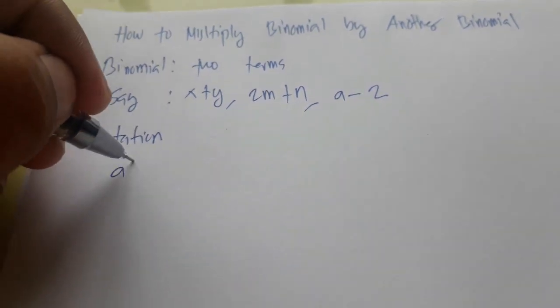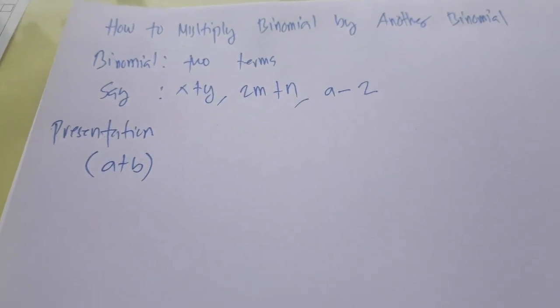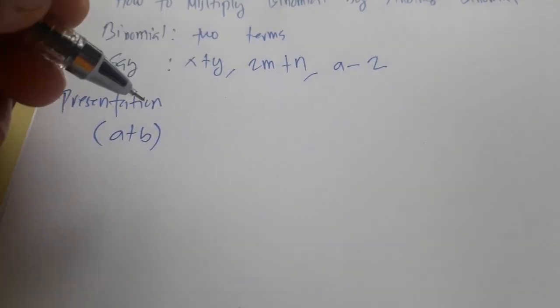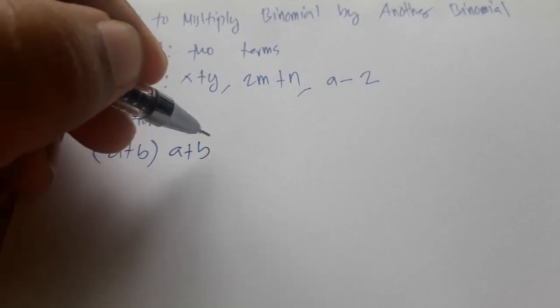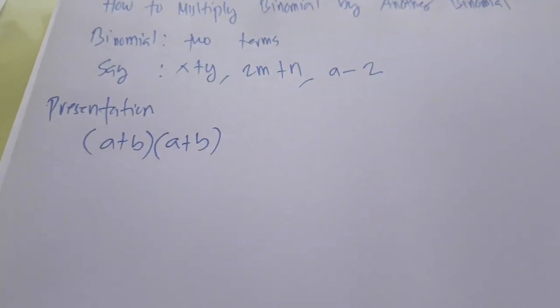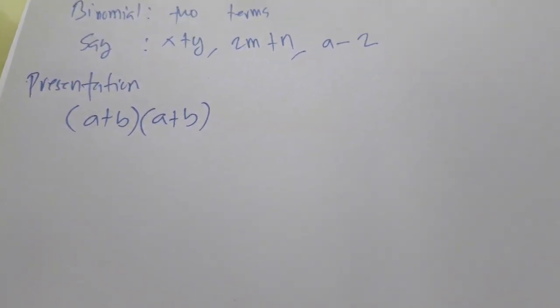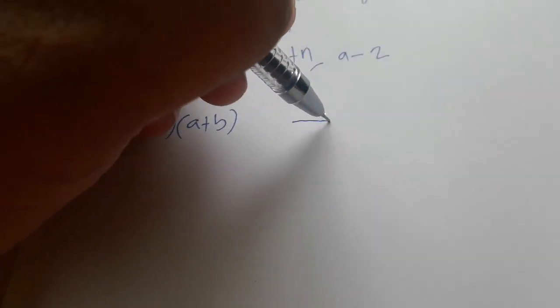Say I have a plus b. This is my first binomial. Then another binomial is, to make it easier, a plus b. So I have here a plus b times another binomial a plus b. This presentation is actually of a horizontal type.